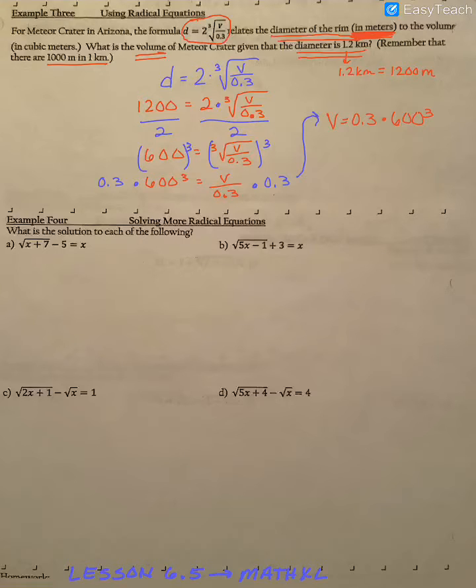And this is where I would definitely go for a calculator and figure it out from there. I have written down 64,800,000, and this is volume, which if you look back in the original problem, it says volume is in cubic meters, so meters cubed.